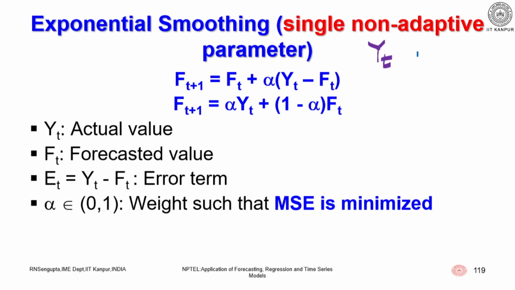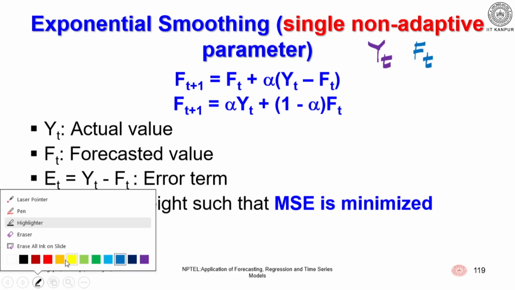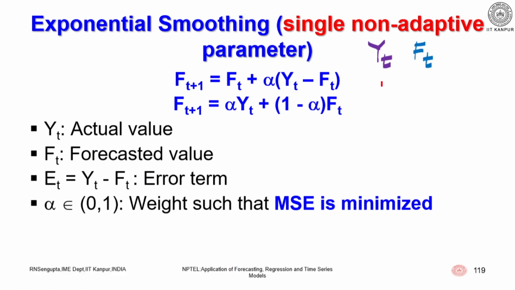We will consider f with suffix t as the forecasted value, where the suffix t would denote the time frame. And we will consider the idea that there is one parameter which is given by alpha without the suffix, because alpha is fixed and hence it is non-adaptive.